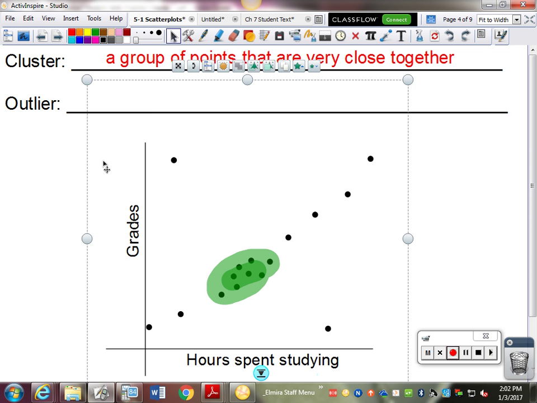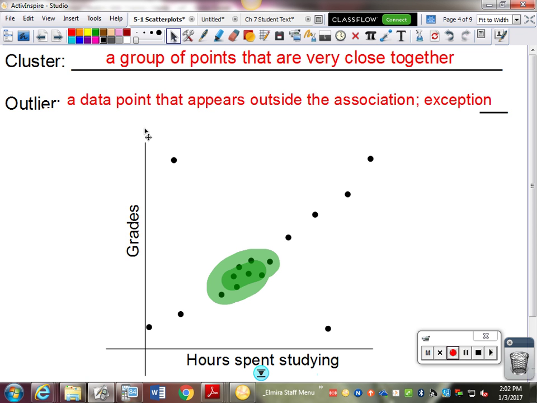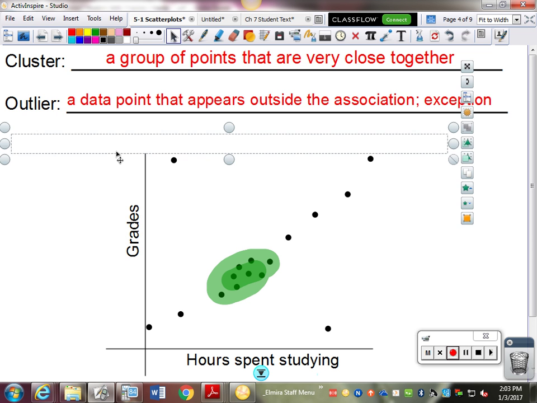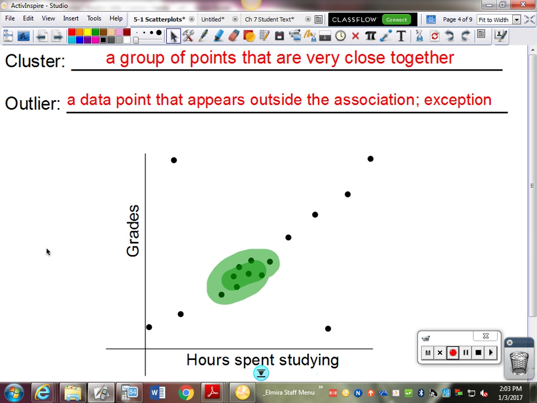Outlier. An outlier is a data point that appears outside the association. So like this point right here would be an outlier because it is not within the same line as the other dots. So in this case, this would represent a student who barely studies but gets good grades, without studying.